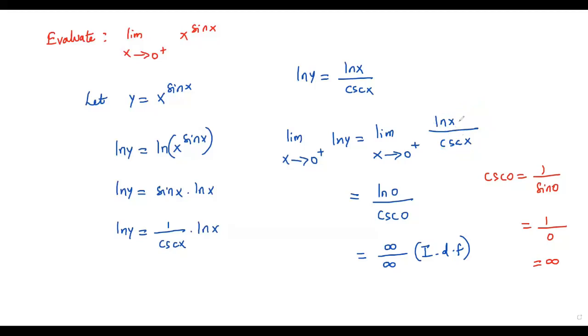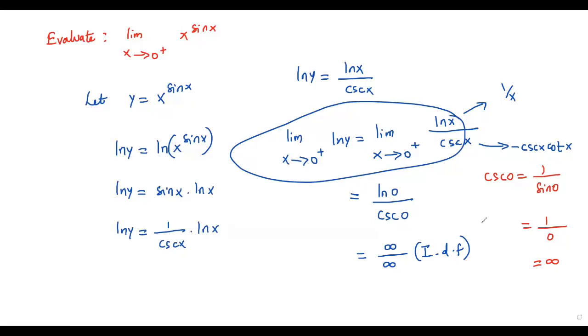The derivative of ln x is just 1 over x. The derivative of cosecant x is negative cosecant x cotangent x. Once you get the derivatives, that is called applying L'Hopital's rule. Let me apply L'Hopital's rule in this step on the next page.